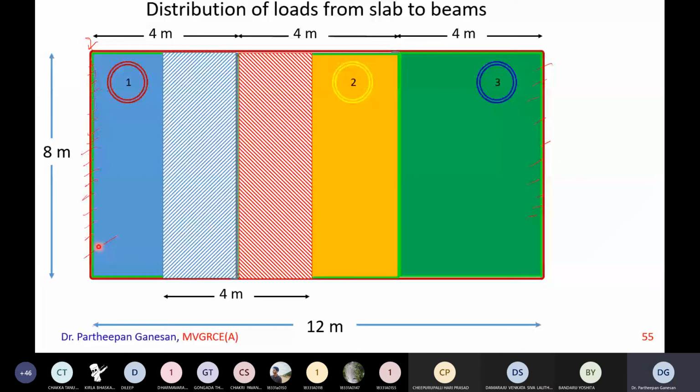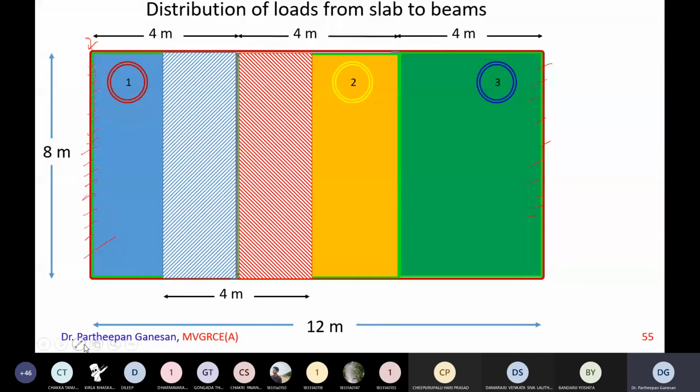Now here the 2 meter length on the leftmost side, the 2 meter length of slab load will be transferred to this end beam. Similarly, for this intermediate beam also, this half load will be transferred to this beam, and from the third panel, half of the load will be transferred to this.